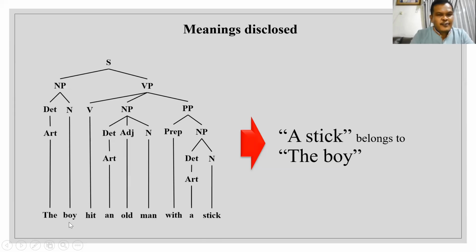So we have a sentence, with a stick, the boy hit an old man. It is no doubt that the stick must belong to the boy because it is closer to the boy. That is the first way to avoid ambiguity in the sentence.